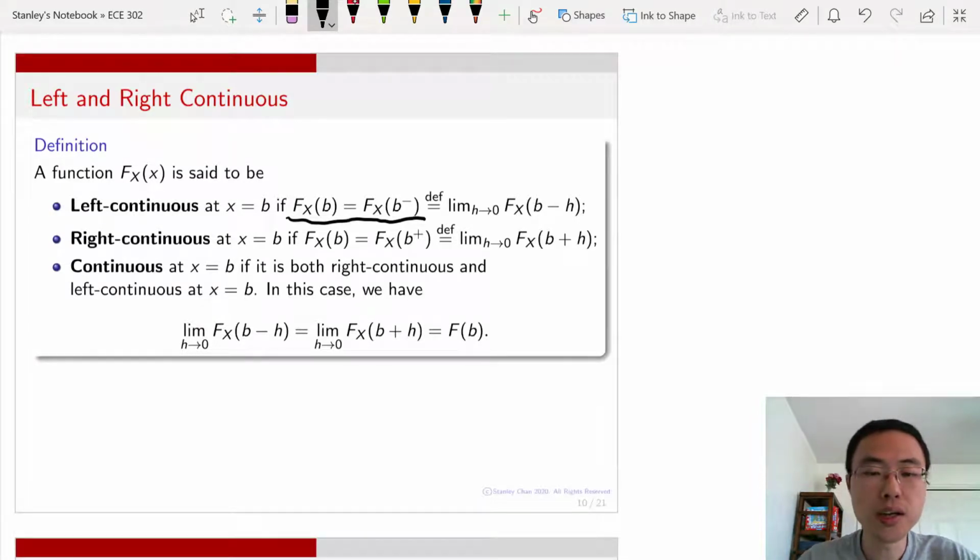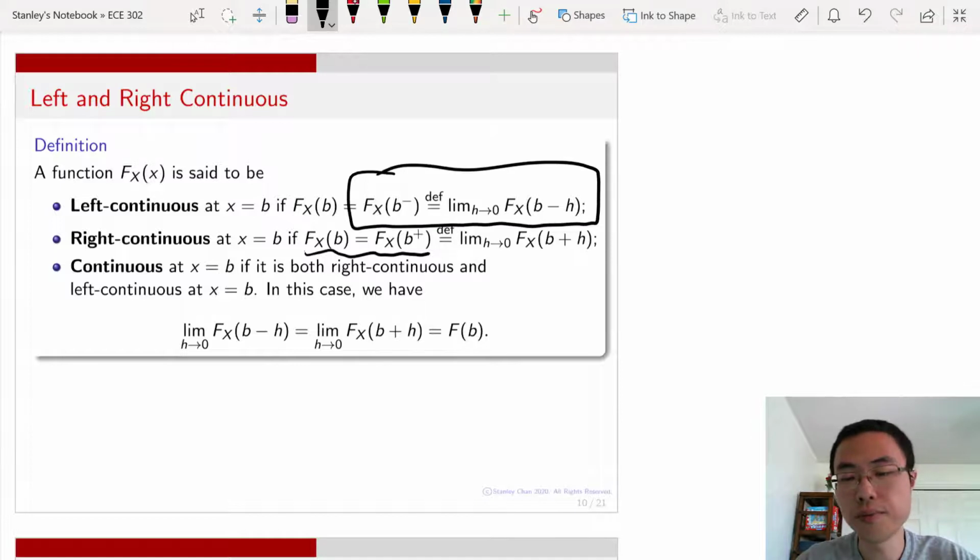Okay, right continuous, you replace the b minus with b plus. It is continuous at b if b plus equals b minus. Now you may be wondering, how do you actually define this b minus and b plus? This b minus is defined as the limit of your function at b subtract a small value h.